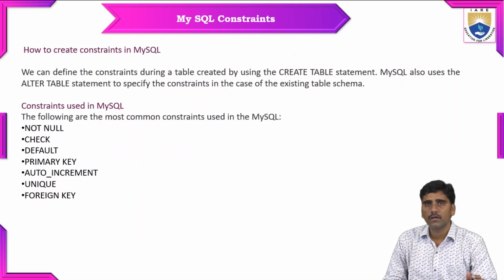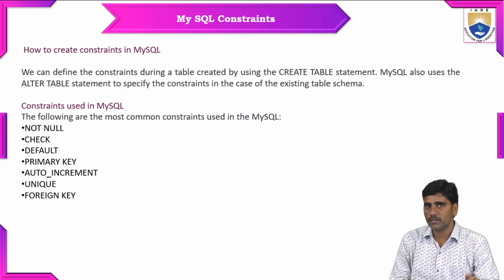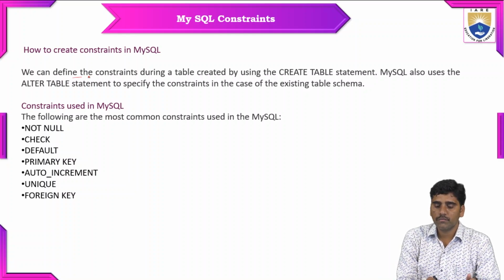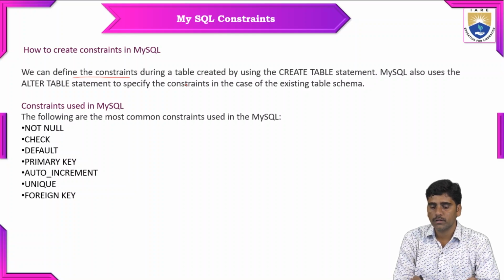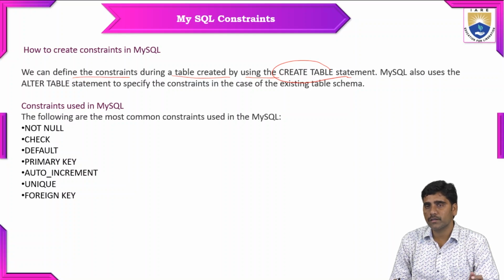So how do we create constraints in MySQL? We can define the constraints during table creation by using the CREATE TABLE statement. So during the creation of the table itself, we can create the constraints.